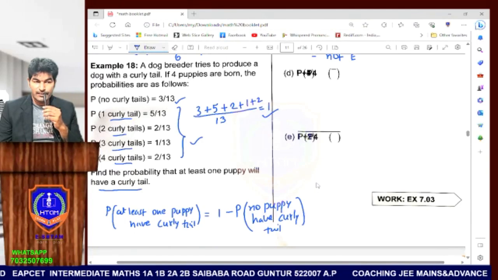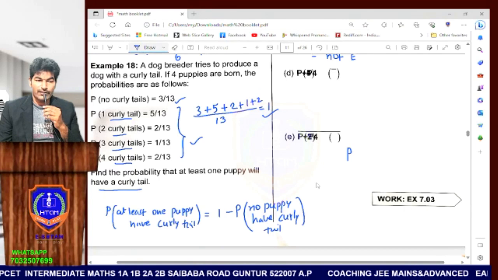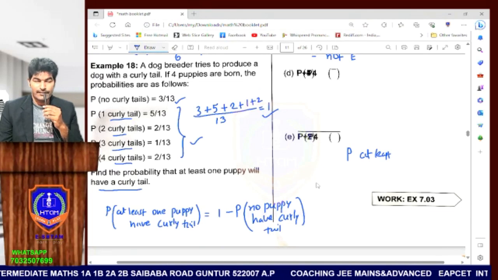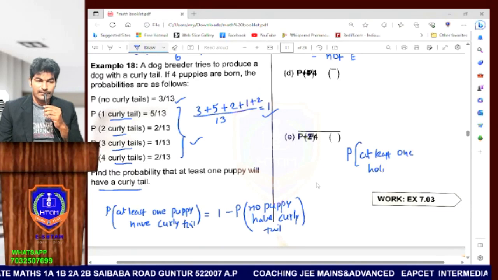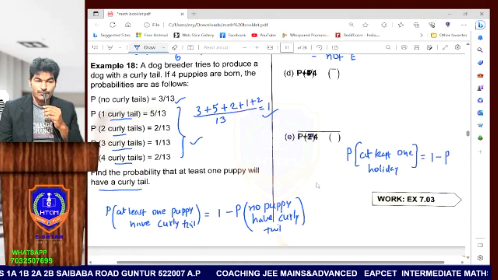For example, if anyone asks you to find the probability of at least one holiday, what is your answer in this situation? 1 minus the probability of no holiday.